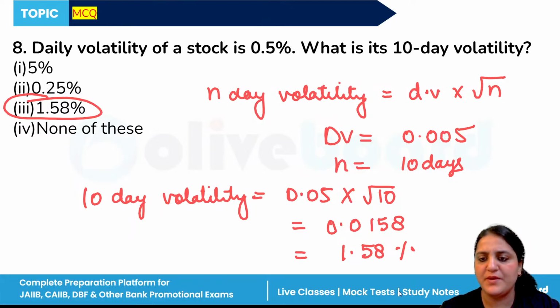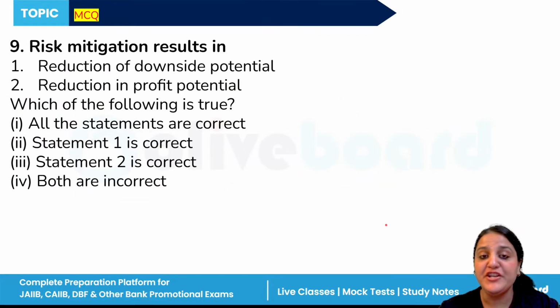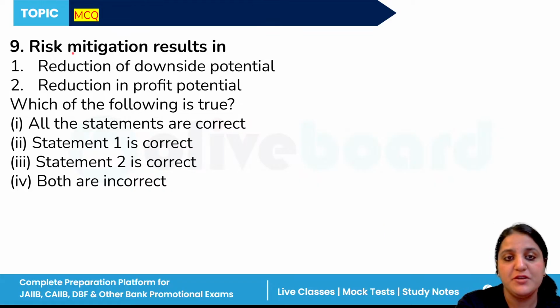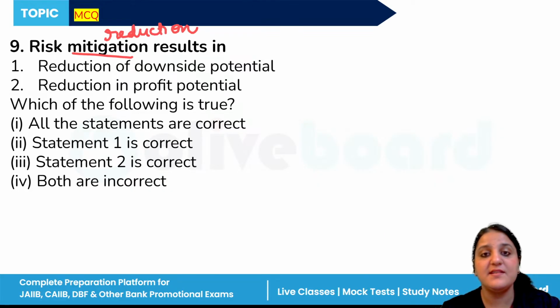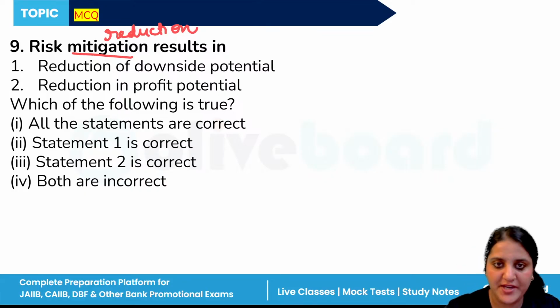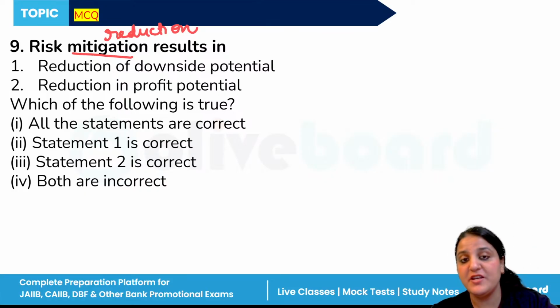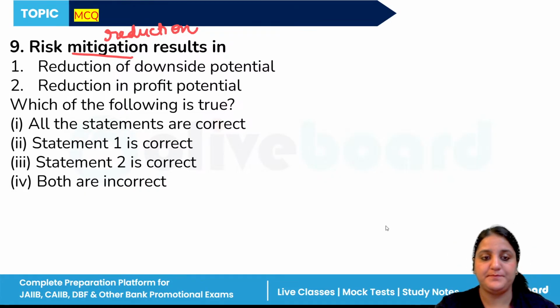Now the next question, risk mitigation. Mitigation means reduction. It results in reduction of downside potential, reduction in profit potential.